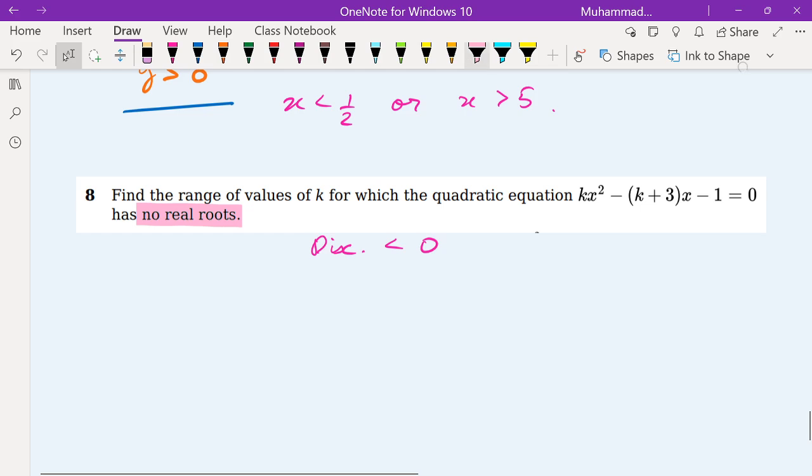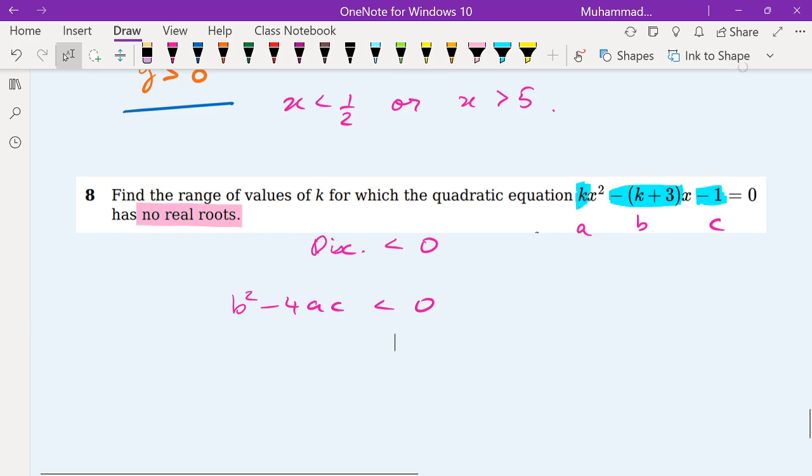But before that, identify your a, b's and c's correctly, because if you make an error there, it's going to spoil the whole solution. I've highlighted them. The discriminant is b squared minus 4ac less than 0.